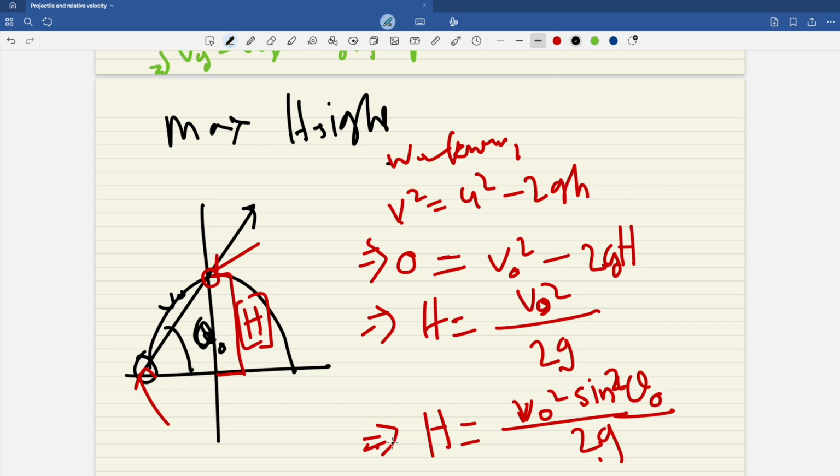So the maximum height equals V naught square sine square theta naught divided by 2g.